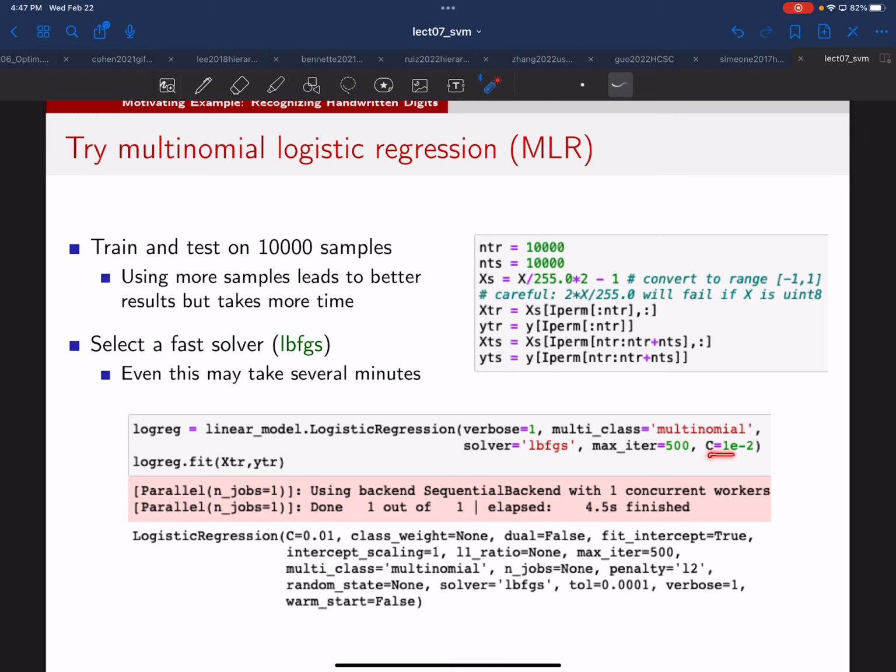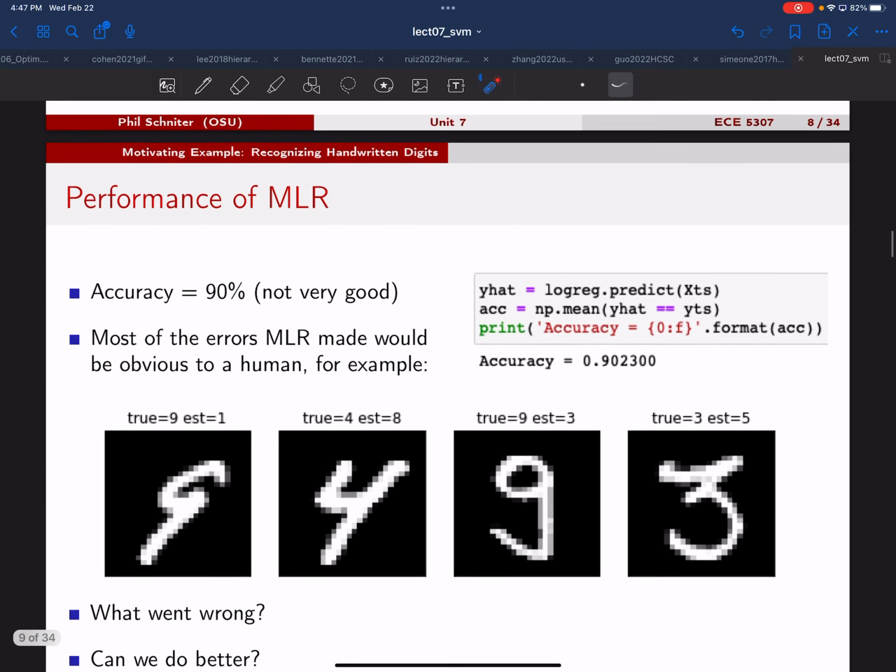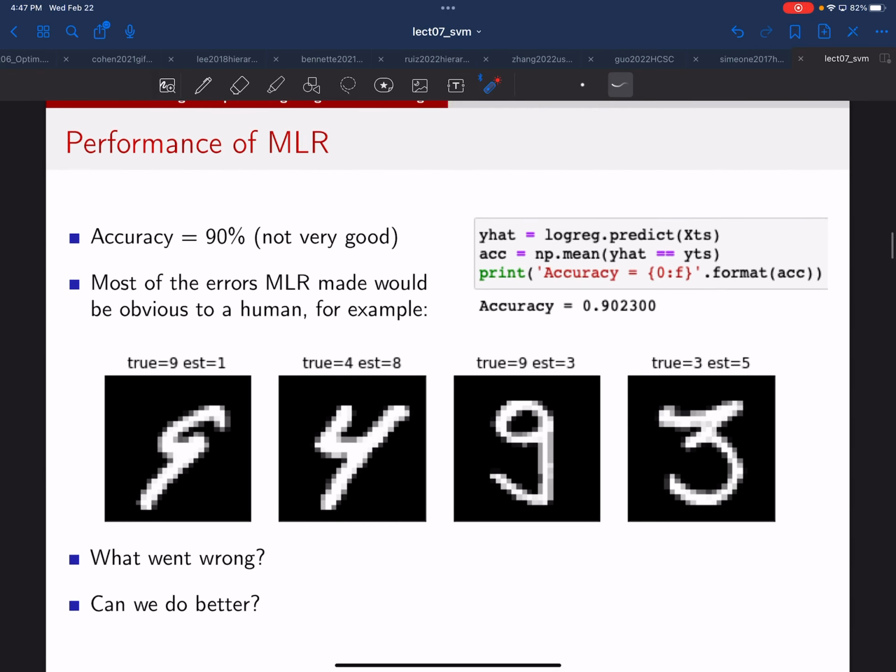We're going to use a pretty small value of the weight on the L2 regularization, run it for 500 iterations, and let's see what happens. The accuracy we get is 90%. If you remember that table from the beginning, that's definitely not awesome. It's maybe not terrible, but 10% of the time we're making an error.